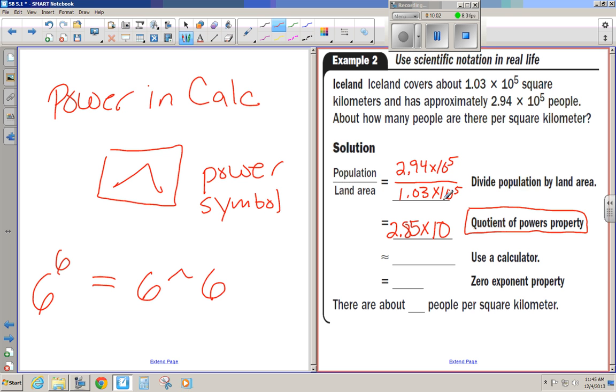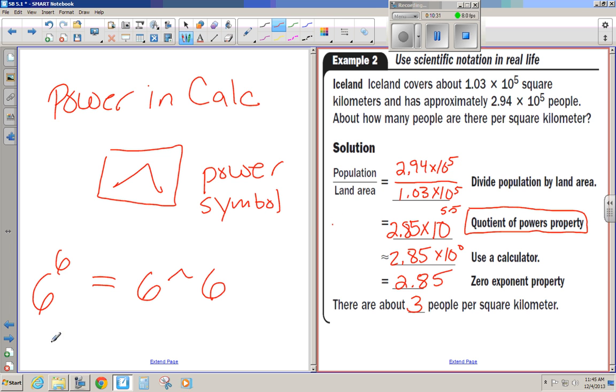So, same base, subtract the exponents: 5 minus 5, times 10 to the 0, which is 1. So you end up having 2.85. There are about 3 people per square kilometer in Iceland.